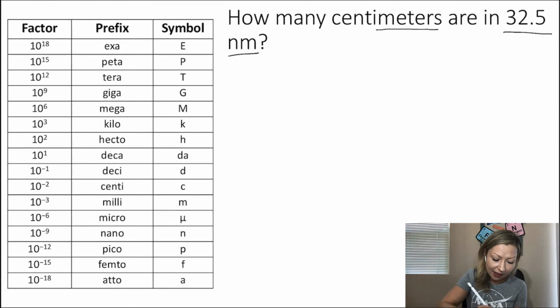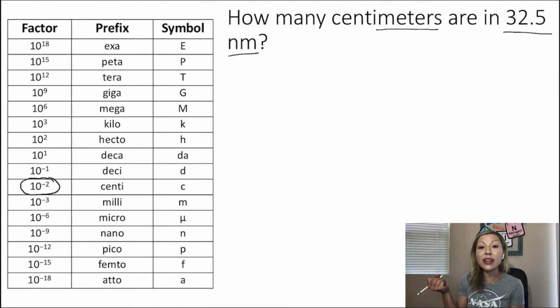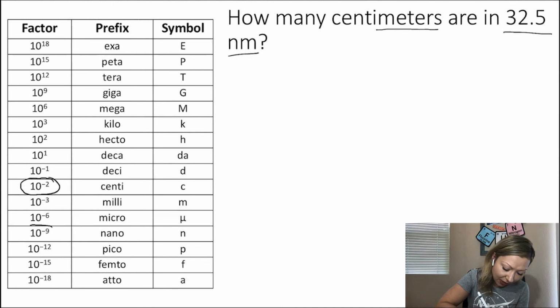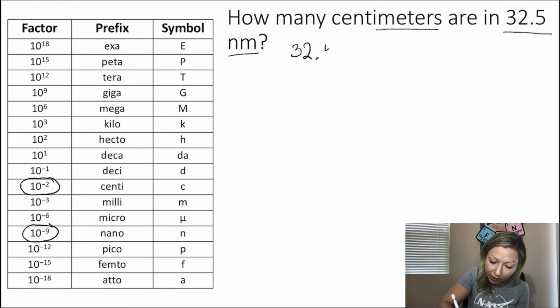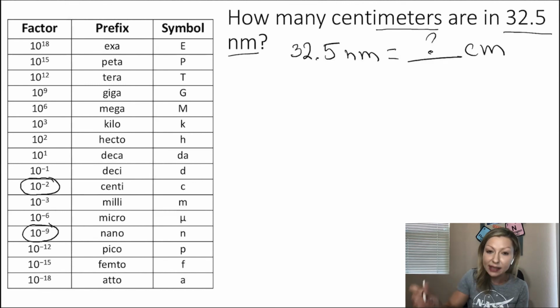Centi is 10 to the negative 2. Where is nano? Nano is 10 to the negative 9. Okay, so again, the question is: 32.5 nanometers equals how many centimeters?